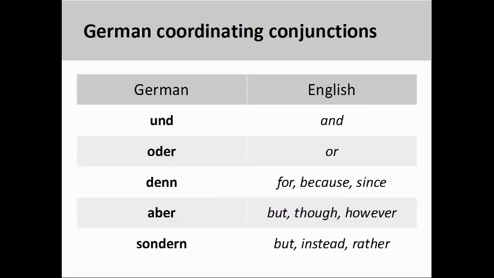German also relies on coordinating conjunctions to connect words, sentences, phrases, or clauses. The conjunctions you see on the screen are those that are most frequently covered in introductory German courses.